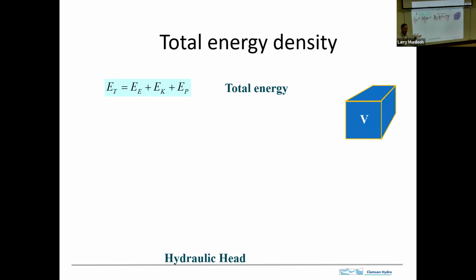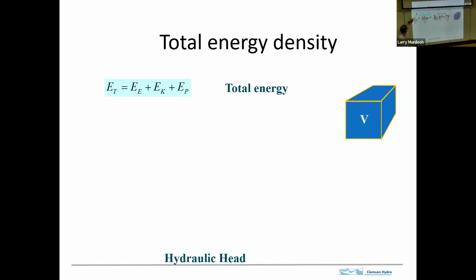That fact is what drives flow. Flow can go upwards or downward or sideways, whatever. Flow is going from high energy density to low energy density. Okay, so that satisfies our conceptualization about how flow is going to work. For hydraulic problems, we can make life simpler.